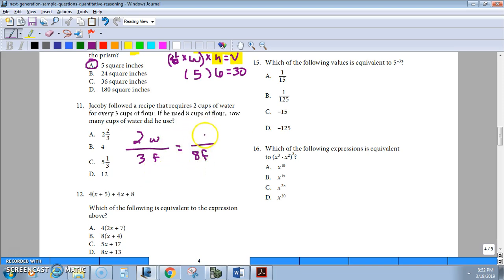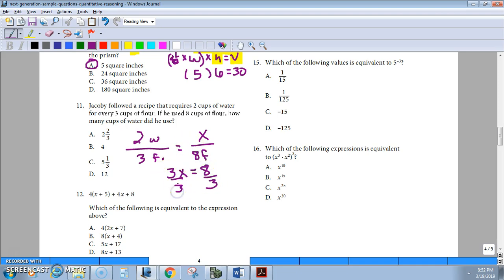So my question mark, or my variable, is at the top. So the question is 3 times what number equals 8, and then I need to multiply that number by 2. So 3 times what is equal to 8. So I divide both sides by 3.